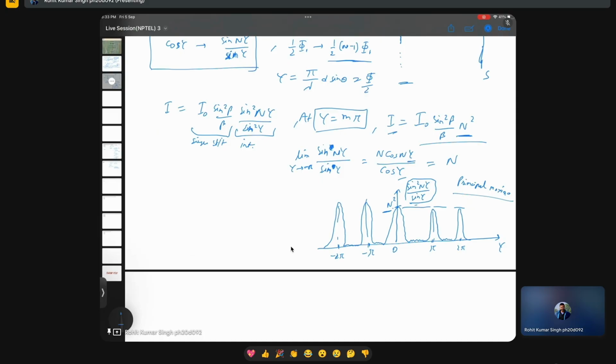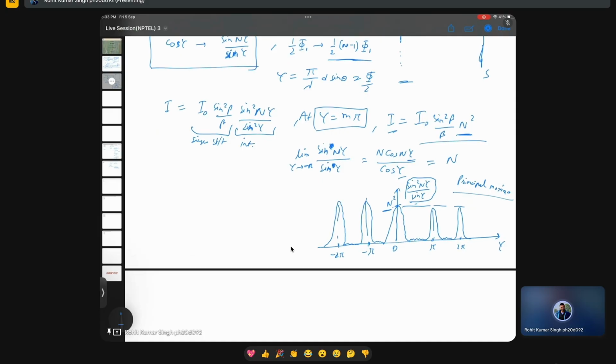And then what about minima? What will these minima correspond to? I equal to 0 will always occur from the single slit. This will always be there, right? b sin theta equal to n lambda, n equal to 1, 2, 3, because this is the diffraction term from a single slit.